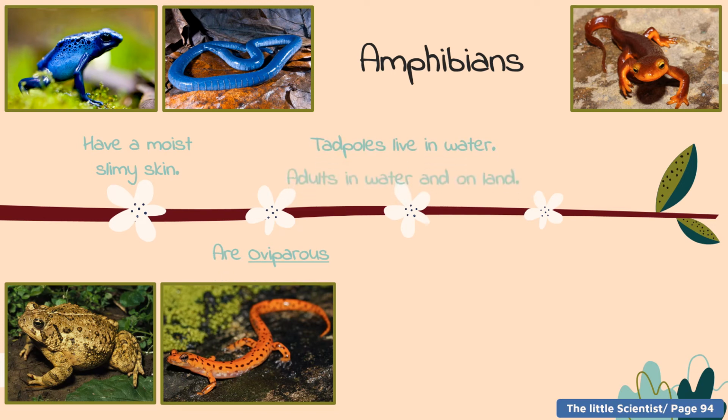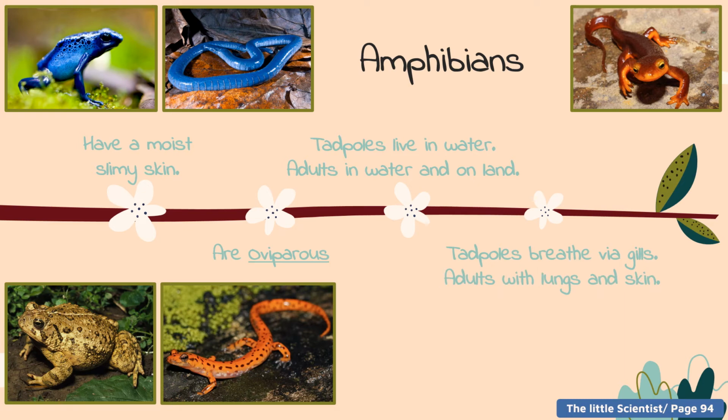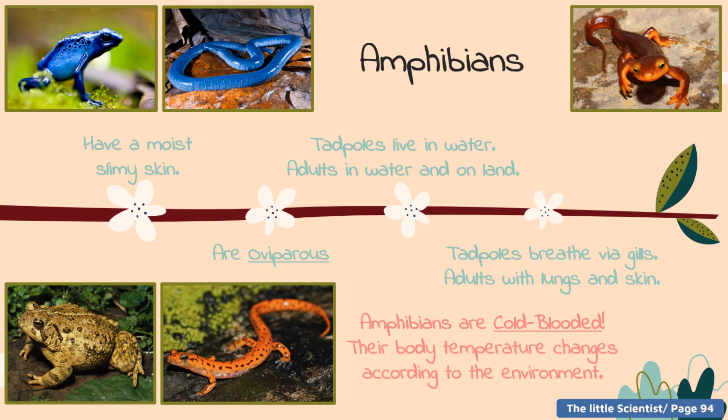Young frogs, tadpoles, live in water, and adult big frogs live in water and on land. Young frogs, tadpoles, breathe with their gills, while adult frogs breathe with their lungs and skin. Amphibians are also cold-blooded. They don't have a fixed body temperature. Their body temperature changes according to the environment.